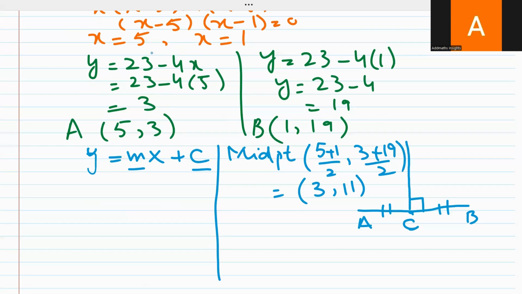When two lines are perpendicular, the gradient of one line is the negative reciprocal of the other. So you can find the gradient of AB. How can you find the gradient of AB? We use the formula y2 minus y1 over x2 minus x1. So it will be 19 minus 3 divided by 1 minus 5, which is 16 by minus 4.